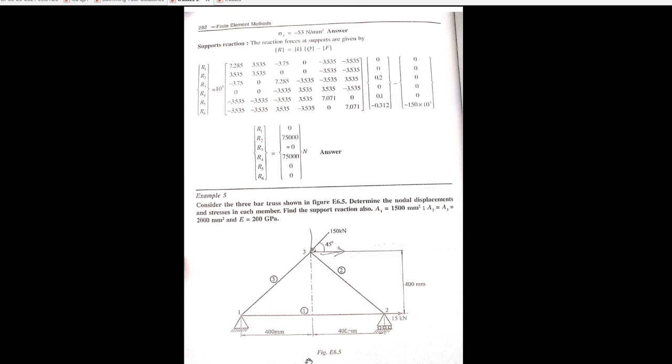Written? Hello? Yes, sir. If the load acting is oblique in nature, then resolve the forces in x and y direction.